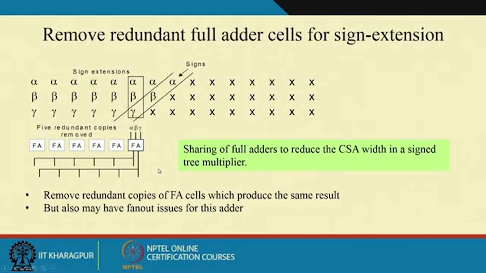Actually, we have already seen how we can reduce these particular terms in the last class. If I am representing this particular number in 1's complement, then for the first partial product the sign will be extended by 3 positions, that is S bar, S and S. And if I am representing this number in 2's complement format, then I do not have to add the sign to the LSB position.